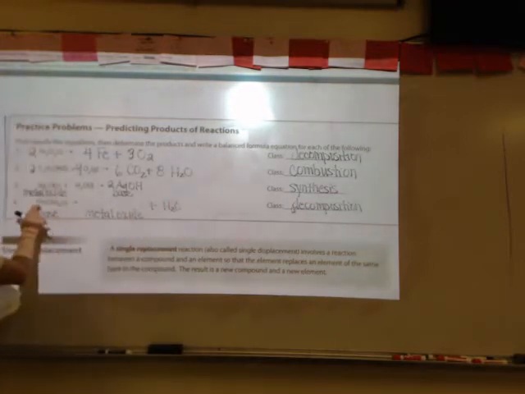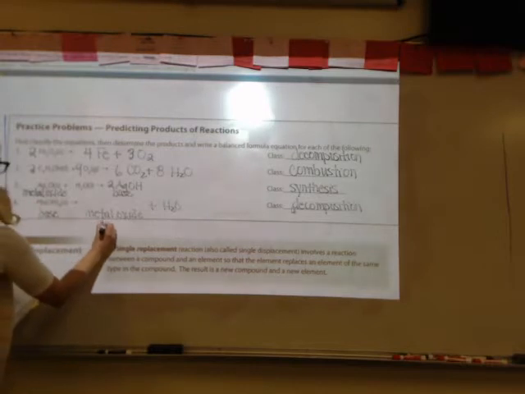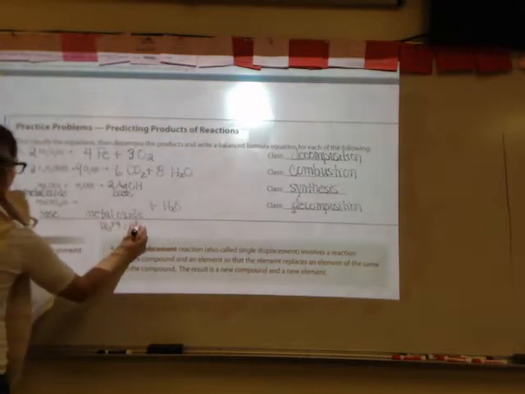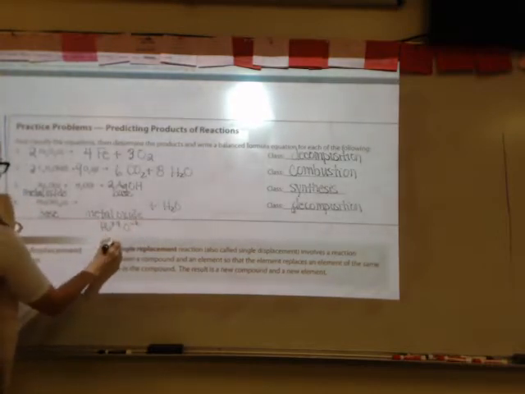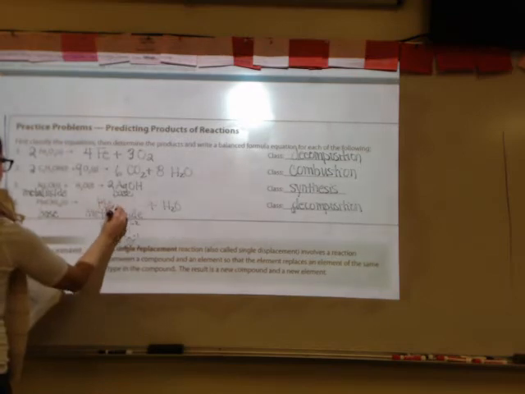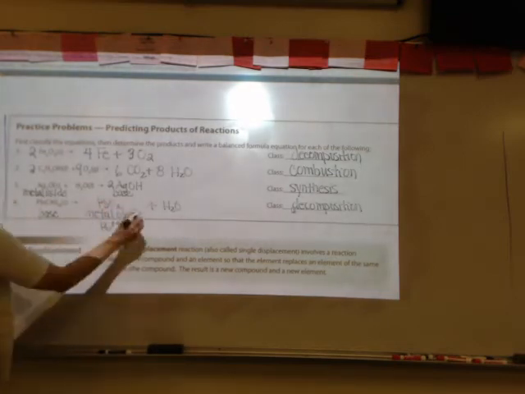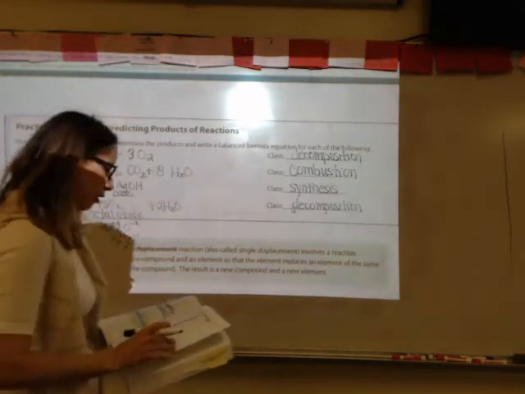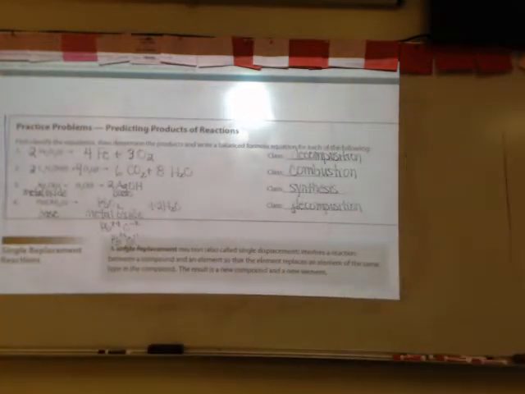So your metal oxide is going to be lead 4 and O negative 2. The numbers in the charges can be simplified to a +2 and a -1. So you're going to cross those and get PbO2. To balance it, you just need a 2 in front of H2O.